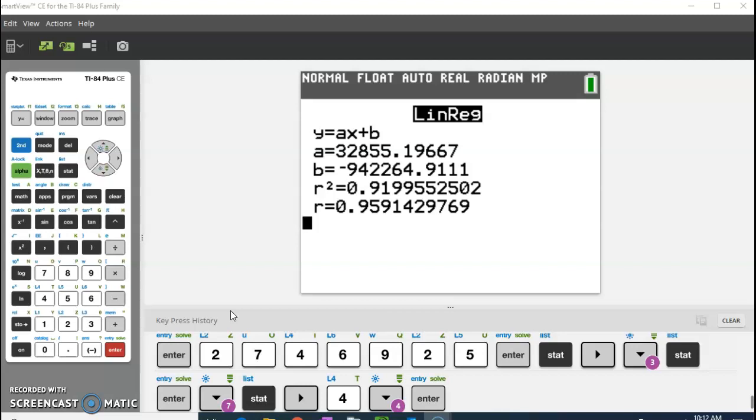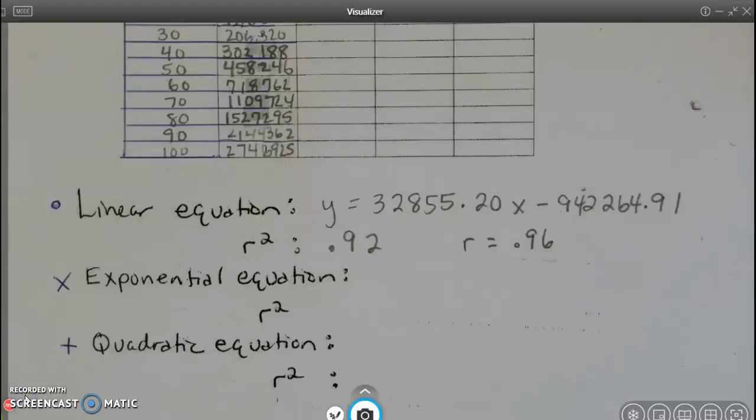So you want to make sure that you have the exact numbers that I have here before you go any farther. If you don't, go back to Stat and Edit, check your values, then once you make your corrections, go to Stat and Calc, make sure you get this screen of values. All right, so this is what I got for linear regression.